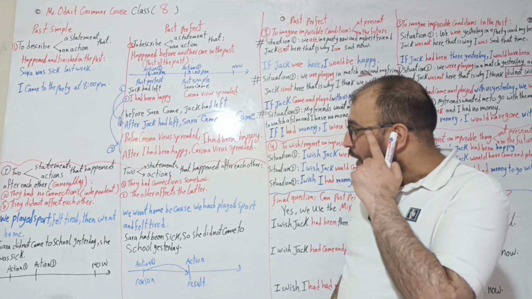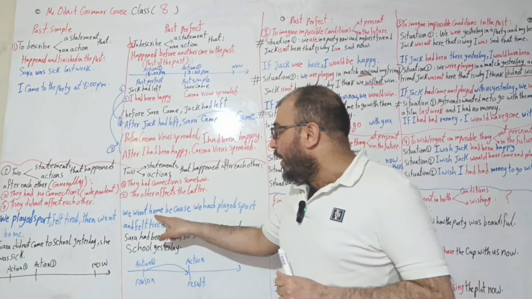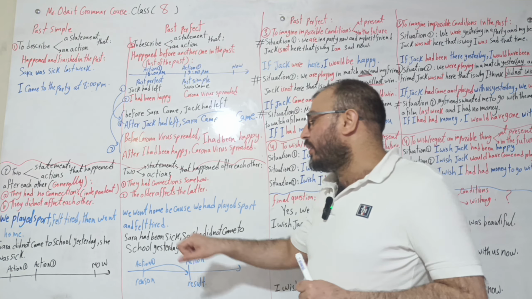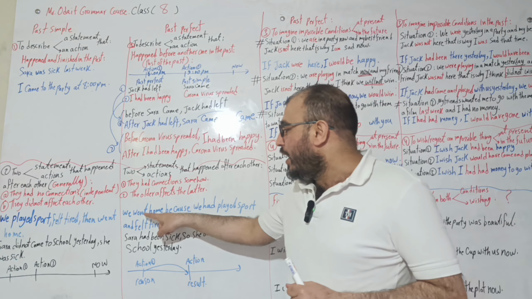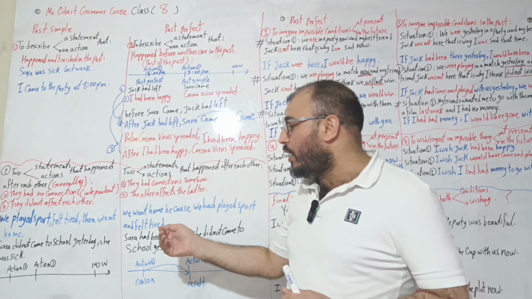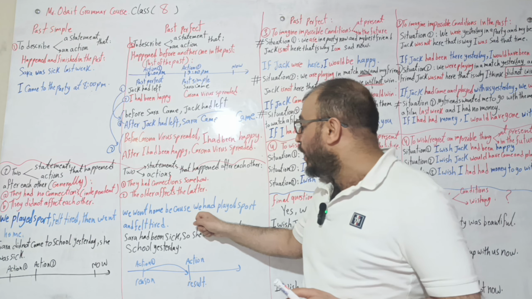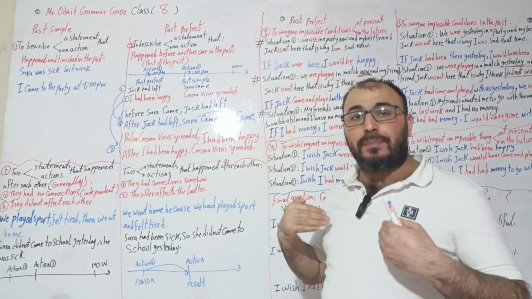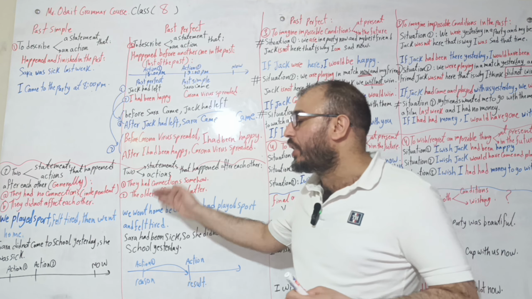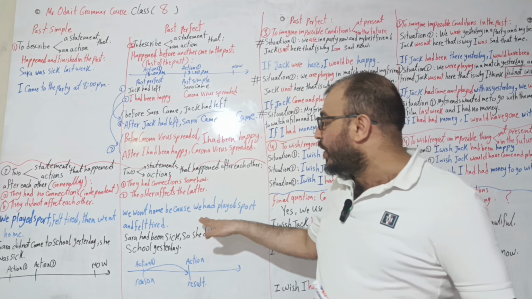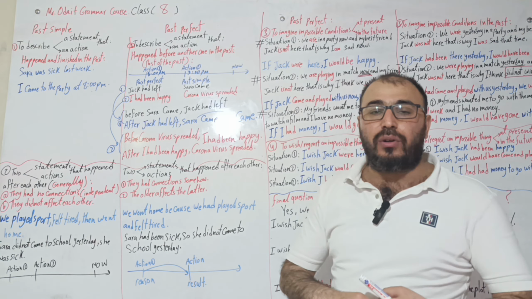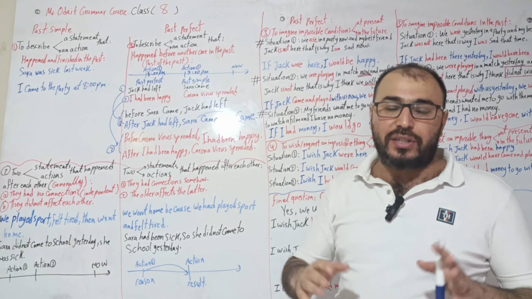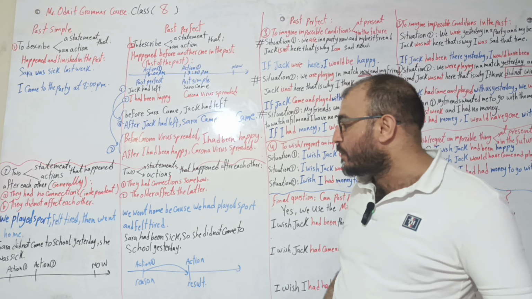For example, I say we went home because we had played sport and felt tired. So I give a reason why we went home: we had played sport, and because we had played sport, we felt tired, then we went home. So these actions are connected to one another. We felt tired because of the efforts we paid during playing sport.